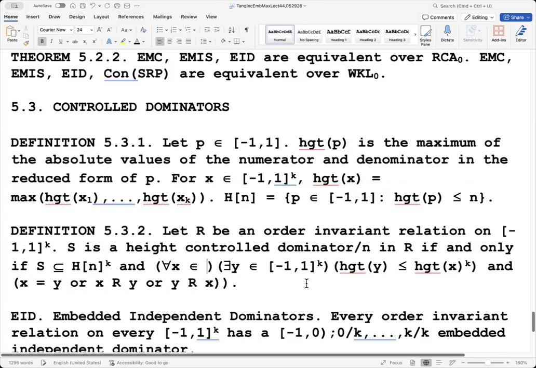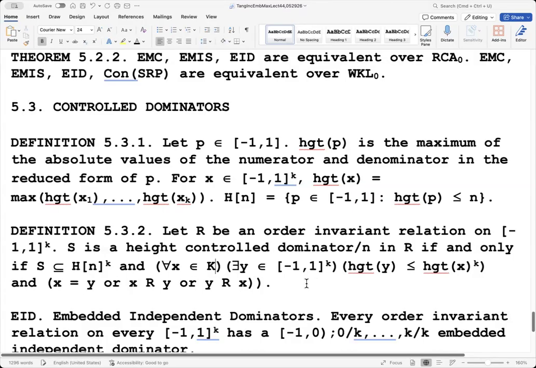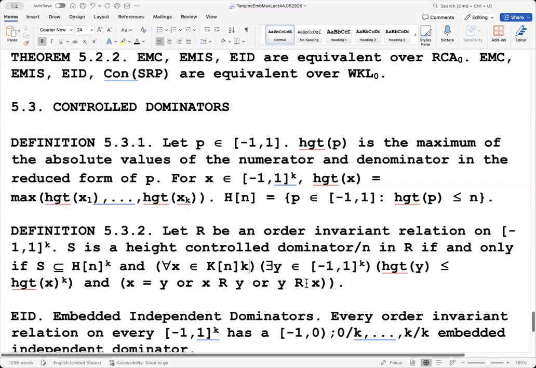All right, let's fix this up. Yeah, H of n. This is what I had, corrected. It's not good enough in math. Okay.